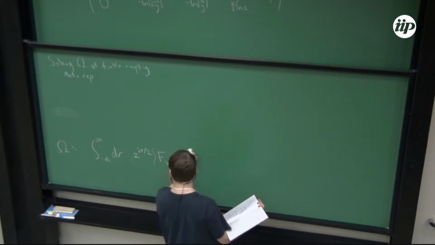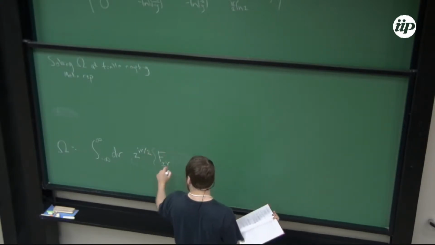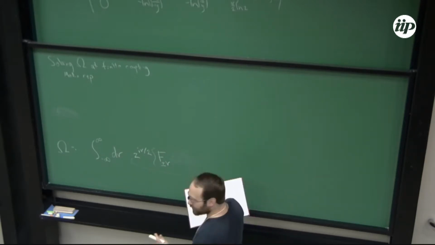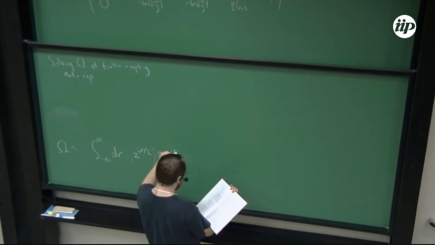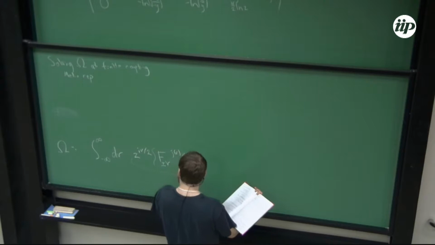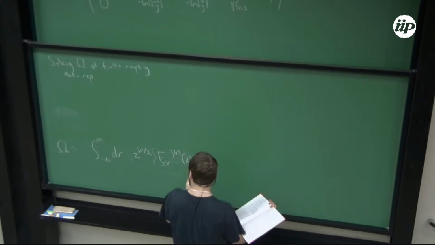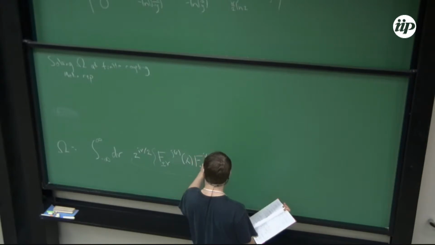I'm going to write this a little differently. I'm going to use this plus or minus nu index here. I'll explain what I mean by that in just a moment. But what we've got now are some product of a term that only depends on x and a term that only depends on y.